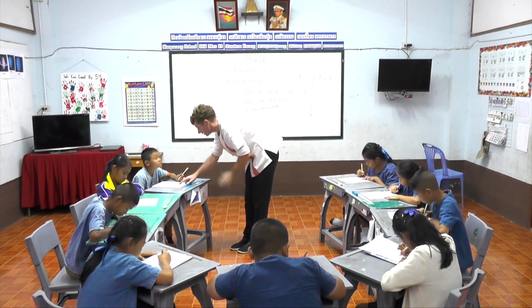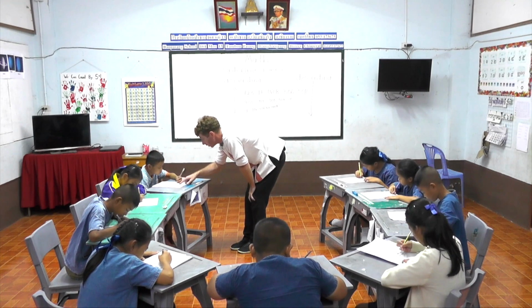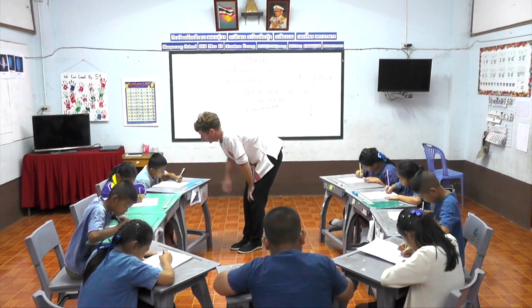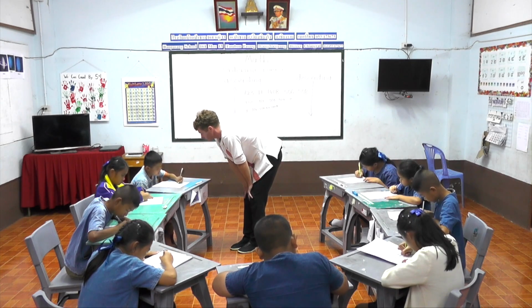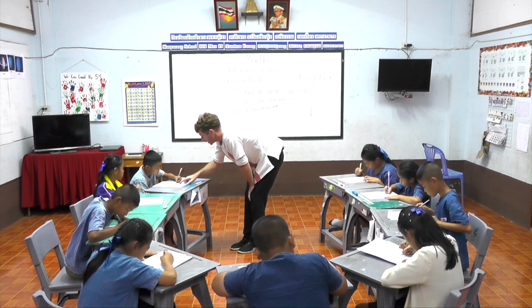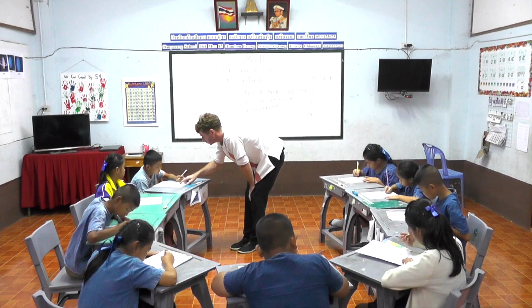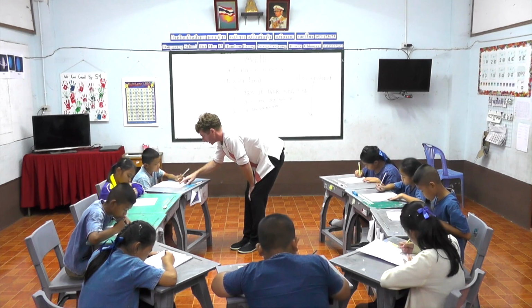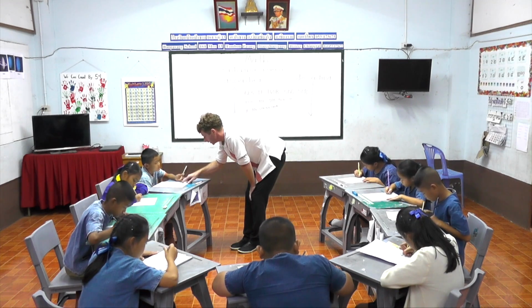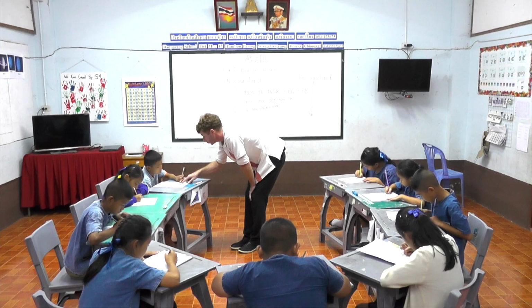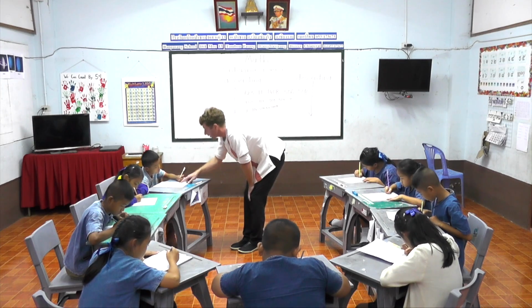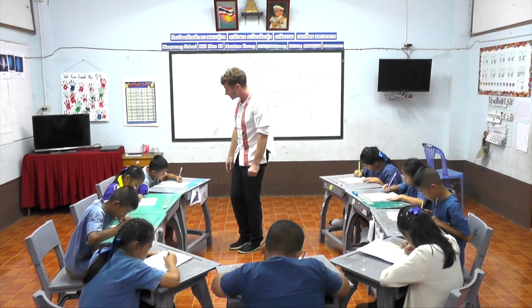So we have 702, correct, smallest number. But then what's the next smallest? 702 has how many digits? 1, 2, 3. So how about this number here? 1, 2, 3, 4. That will be our next smallest number.